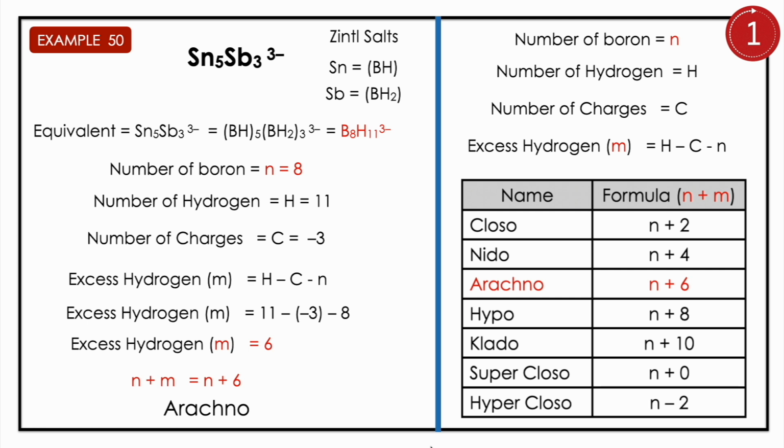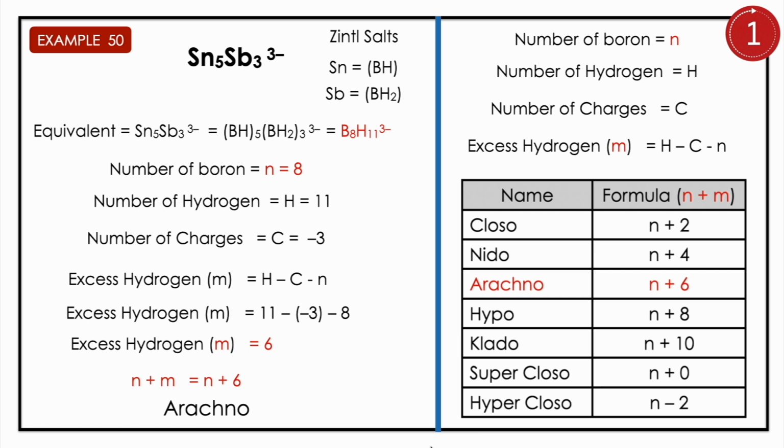First step will be counting the boron. Number of borons is 8, so N equals 8. Number of hydrogens is 11, so H equals 11. Charge is minus 3, so C is minus 3. So the excess of hydrogen will be H minus C minus N. If you substitute the values, it is 11 minus of minus 3 minus 8.